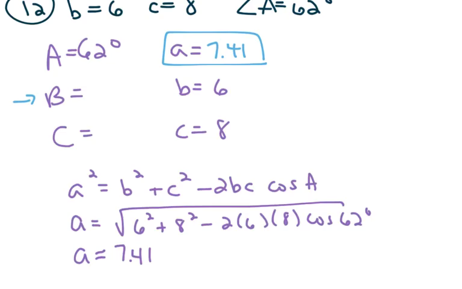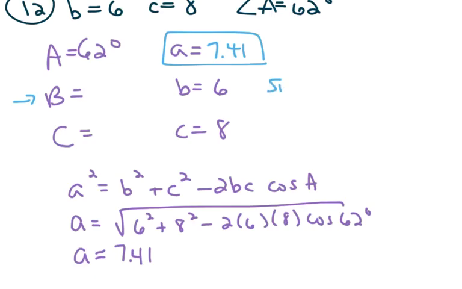If it turns out that angle C is obtuse, and you're using the law of sines, an inverse sine is only going to give me an answer between positive 90 and negative 90. So it's not going to tell you the obtuse angle. So instead, we're going to find the smaller angle first.